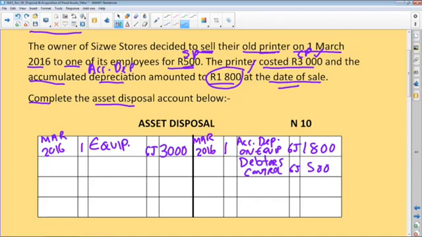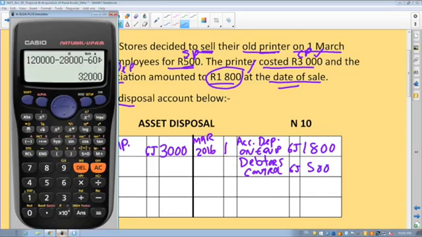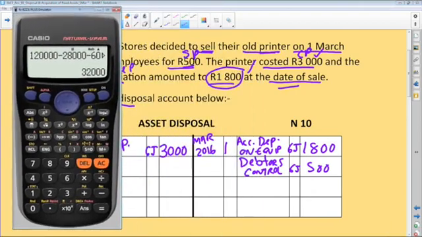Now that I've recorded my cost price, my accumulated depreciation and my selling price, I'm able to calculate whether we've made a profit or a loss on sale of asset. So let's get the calculator out. You guys should be very comfortable with this. My cost price, 3,000 minus accumulated depreciation, 1,800.